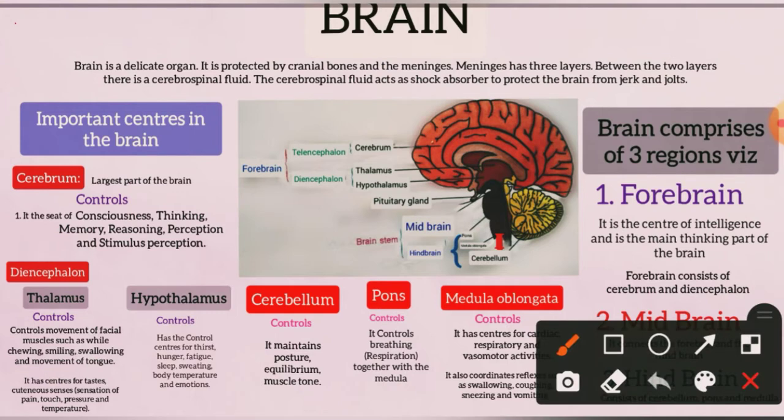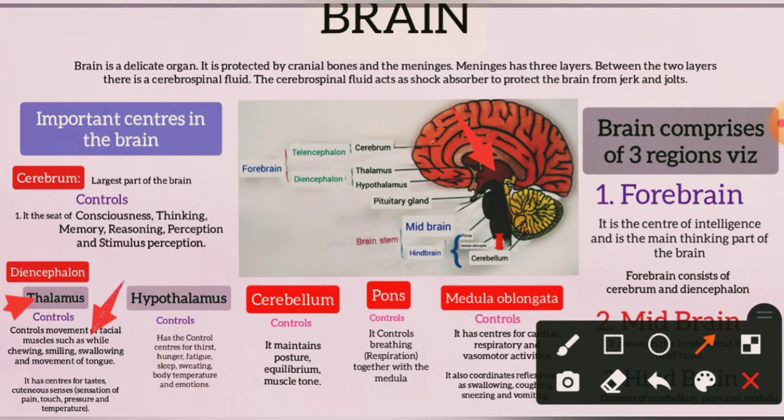Then we have the thalamus. Look at this diagram, the thalamus is this one, and the thalamus controls the movement of facial muscles, like the look of our face when we chew, when we smile, and when we swallow, and also the movement of the tongue.